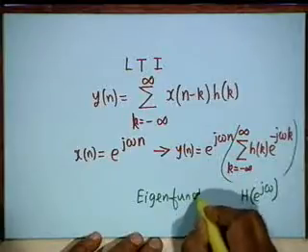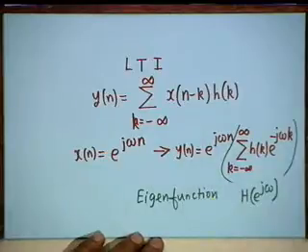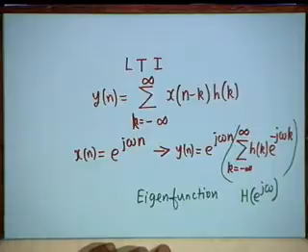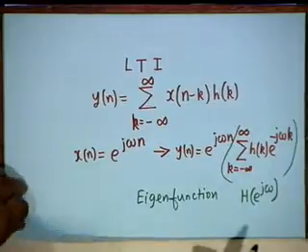So, e to the j omega n is an eigenfunction of a linear discrete time invariant system. The output is capital H of e to the j omega multiplied by e to the j omega n.